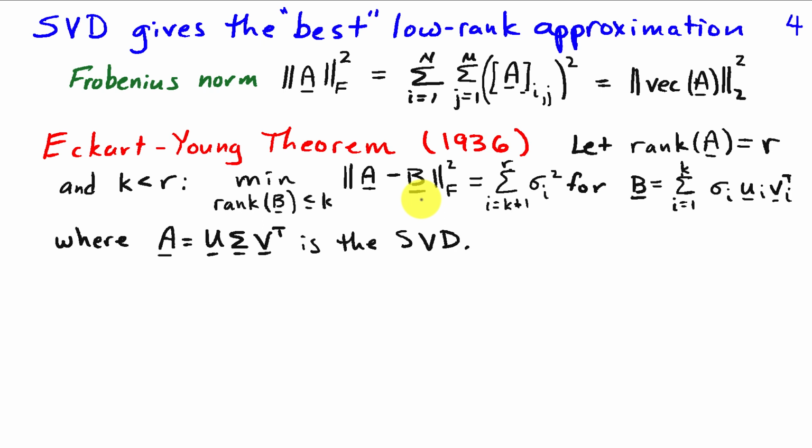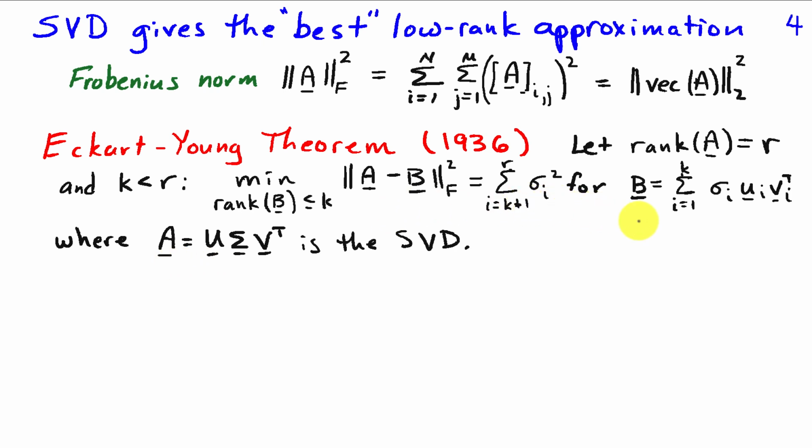Find a matrix B, which is rank k, so that that rank k matrix is as close as possible to the rank r matrix A. If I search over all matrices B whose rank is k or less, then the minimum of this Frobenius norm, remember we're just taking the sum of the squares of all the elements in the difference between A and B, is going to be equal to the sum from i equals k plus 1 to r of sigma i squared, when the matrix B is equal to the sum from i equals 1 to k of sigma i u i v i transpose, where U sigma V transpose is the singular value decomposition of the matrix A.